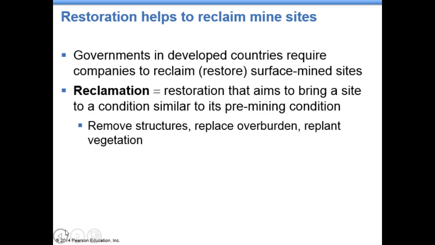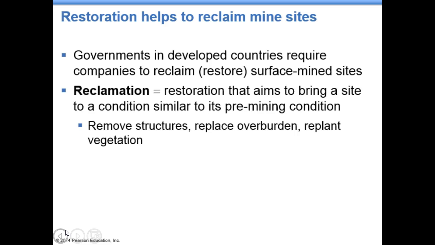The United States and some of our other developed nations now require that mining companies restore or reclaim areas that are surface mined following the mining. This is called reclamation, and the whole idea is to restore the site to a condition similar to its condition before mining.